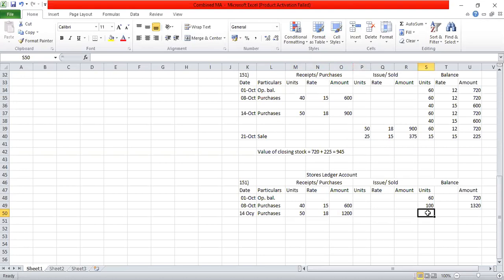The total number of units present is 150, and the total value is 2520.